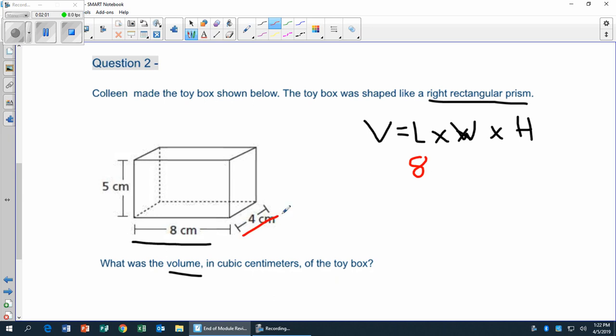And my width is over here. So I plug in my 4. And my height is how tall I am, which is 5. And when I do 8 times 4 times 5, I come out to 160. I see I'm working in centimeters. So I write centimeters cubed.